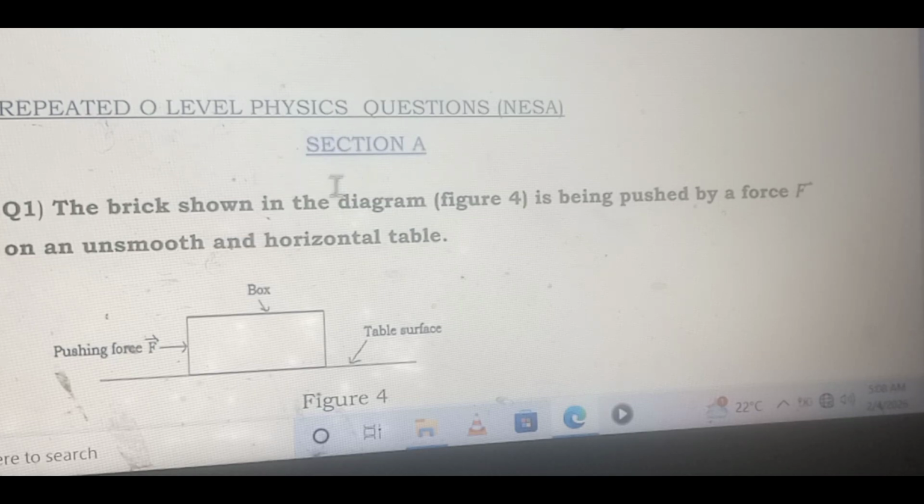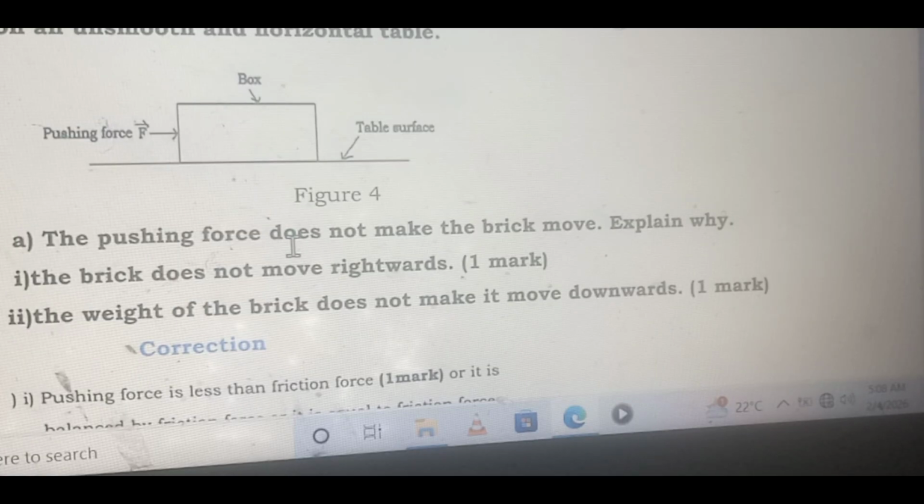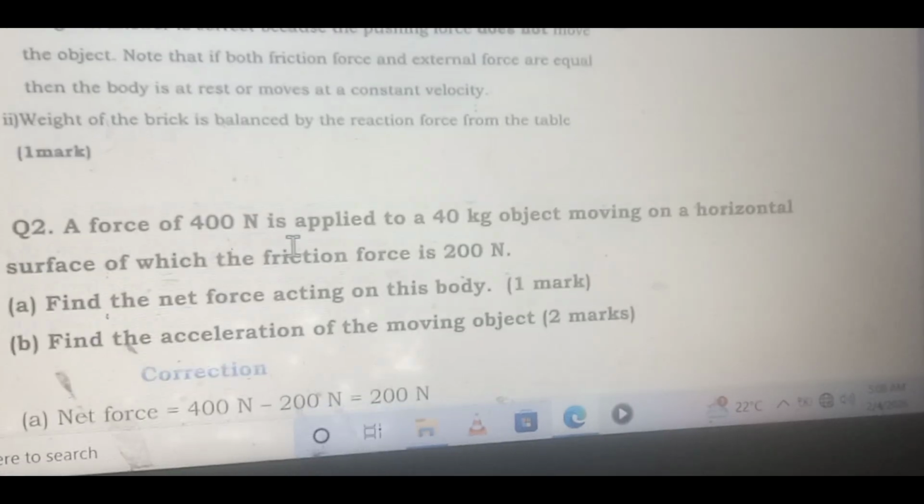These units are repeated more in section A, using multiple choice, true or false, definitions, equations, and so on. Make sure you cover these units before the national examination.